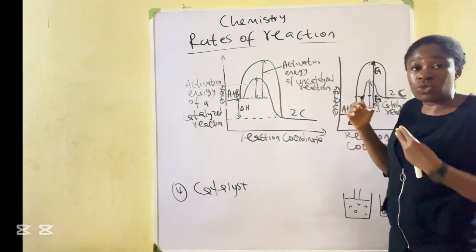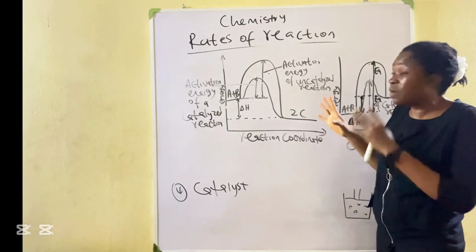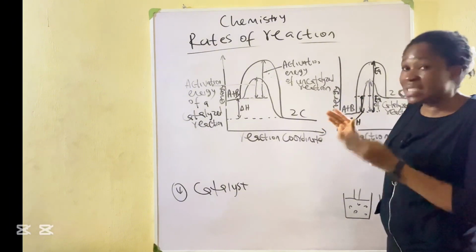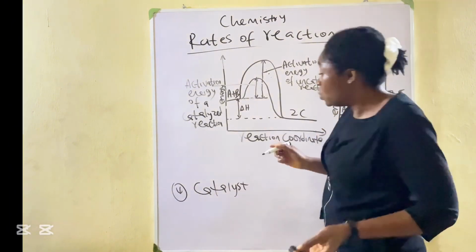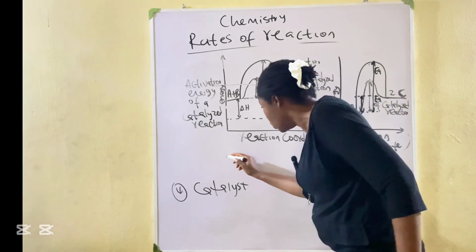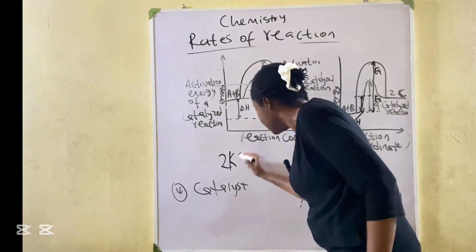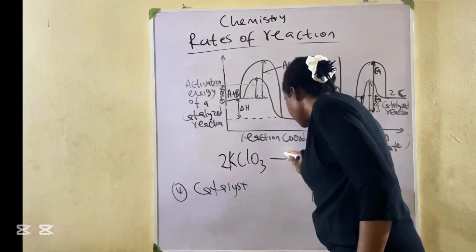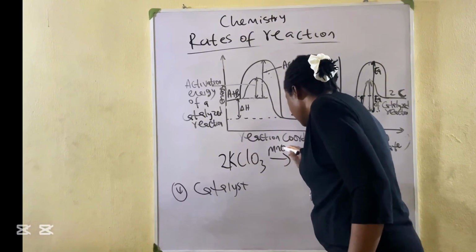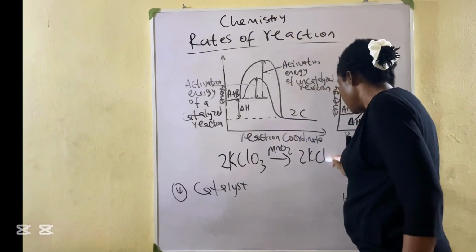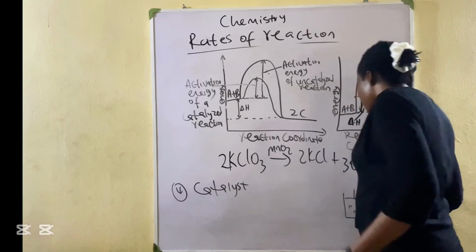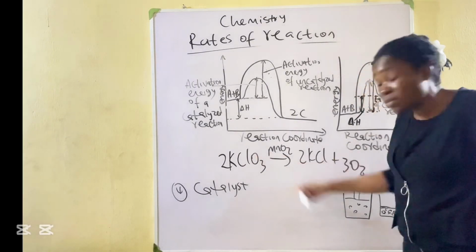Whenever you are asked to draw the activation energy profile diagram for a catalyzed reaction, you might not be asked to draw it directly. You can just take this reaction, for example, and you're asked to draw the energy profile diagram of this.